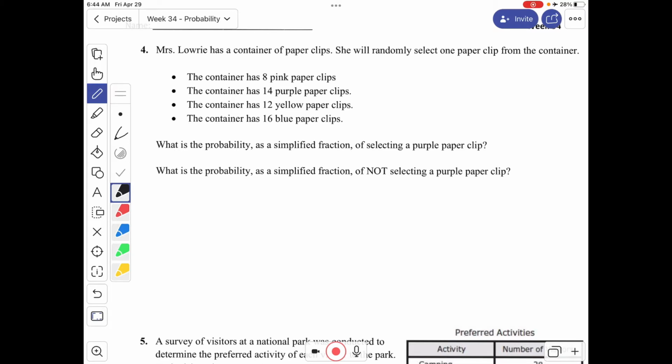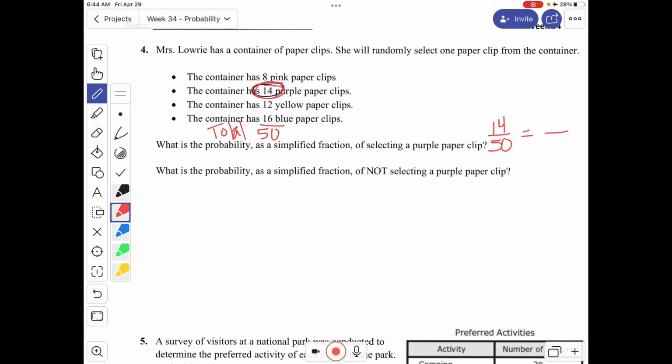What is the probability as a simplified fraction of not selecting a purple paper clip? So there's 2 questions there. There's the purple. We need a total. So if I add all those up, it adds to 50 paper clips. So there's 14 out of 50 that are purple.